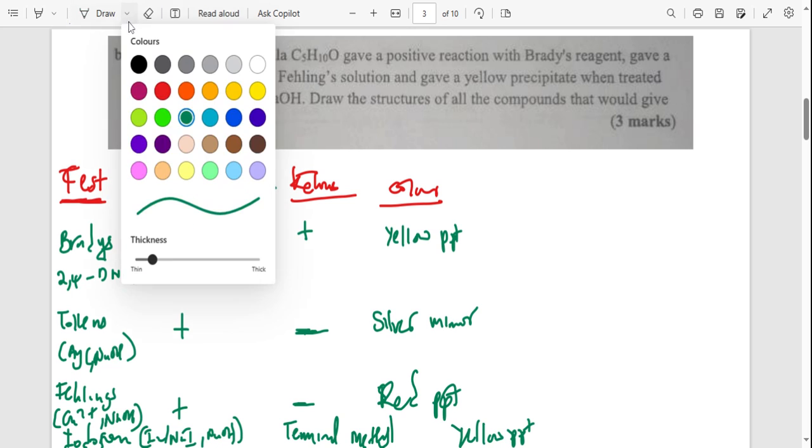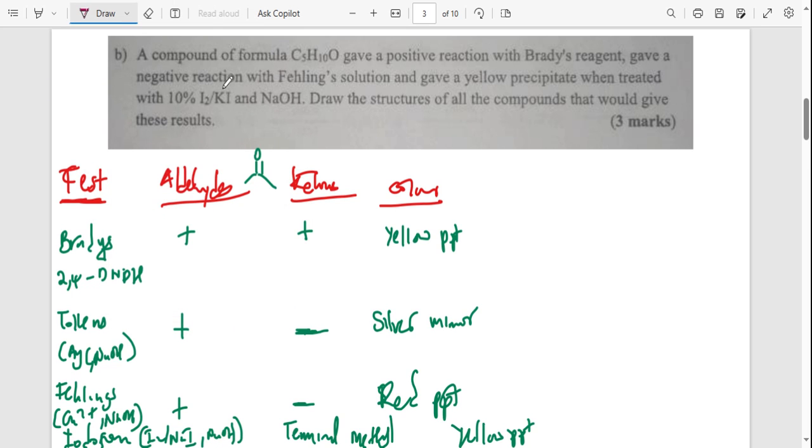Okay, so now we can answer our question. In here we had a positive Brady's test. That means we have a carbonyl group. The other thing is that it gave a negative reaction with Fehling's.